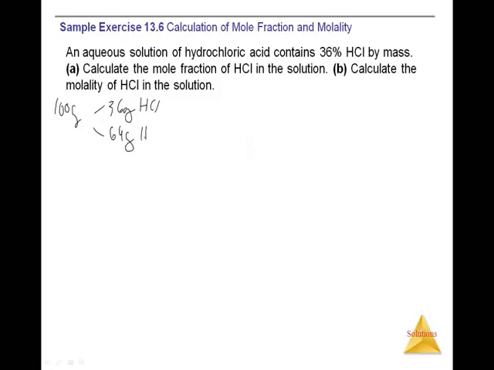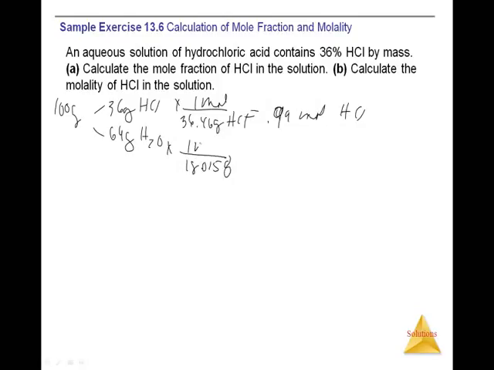So if we have 36 grams of HCl, what I know is 36.46 grams of HCl is 1 mole. So this is going to be 0.99 moles of HCl. And for 64 grams of water, 18.015 grams of water is 1 mole.